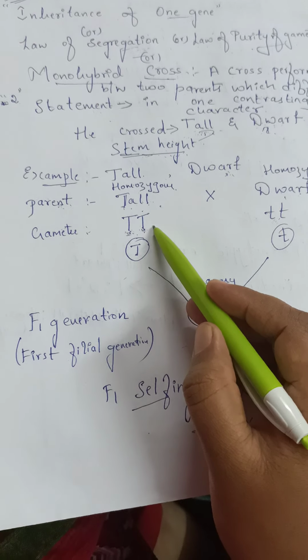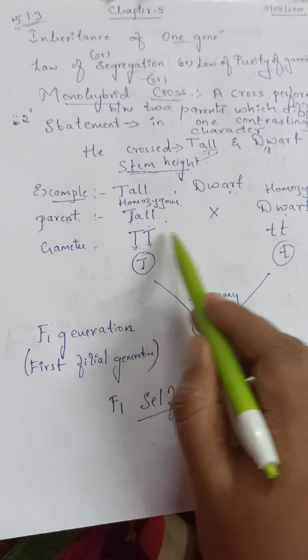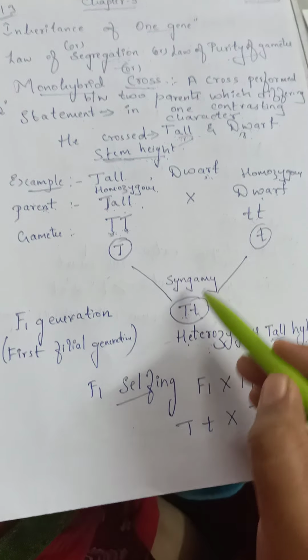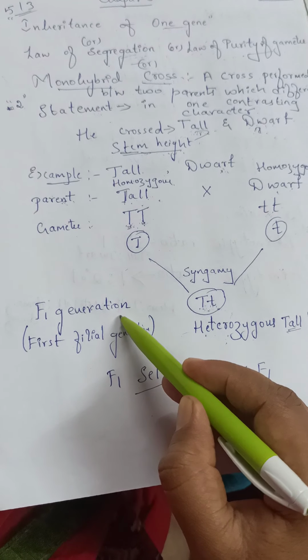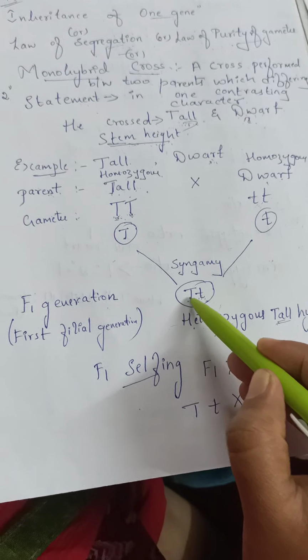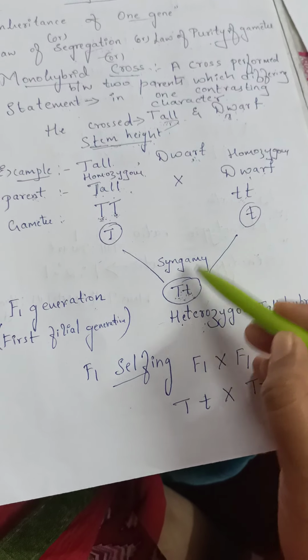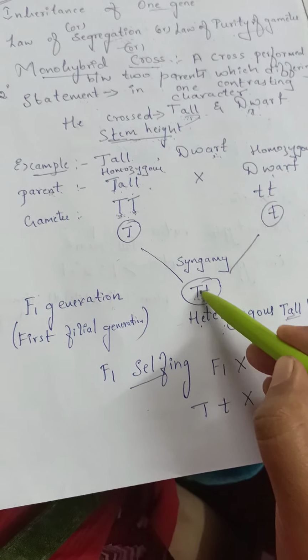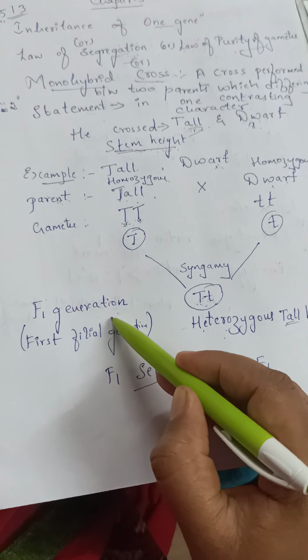In a cross involving a pair of contrasting characters, both the characters come and stay together in F1 generation. Here you can see both the characteristic features, where capital T represents tallness and small t represents dwarfness. Both the characters, tall and dwarf, come and stay together in F1 generation.